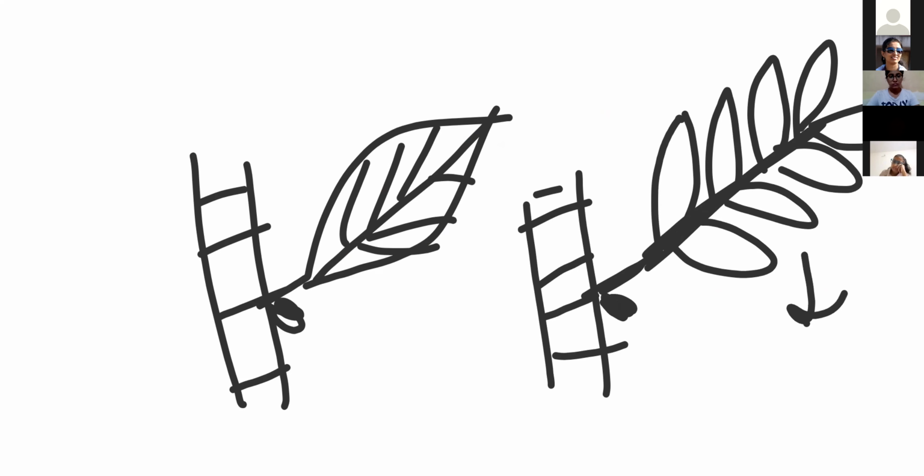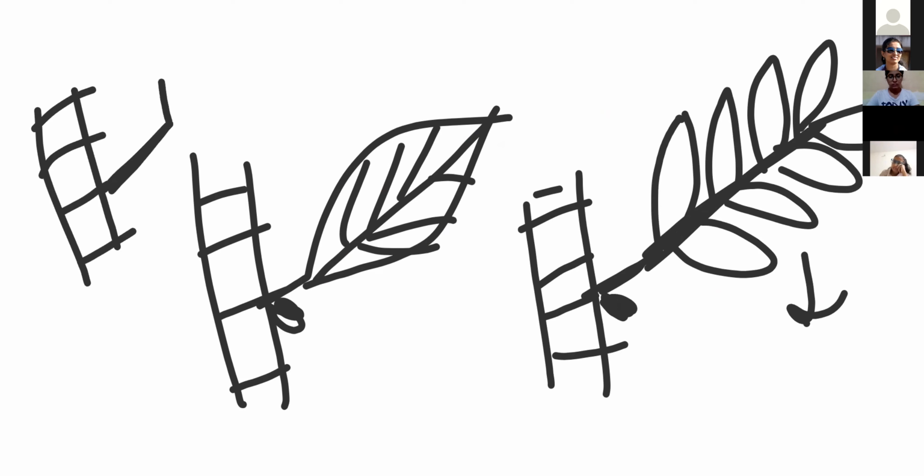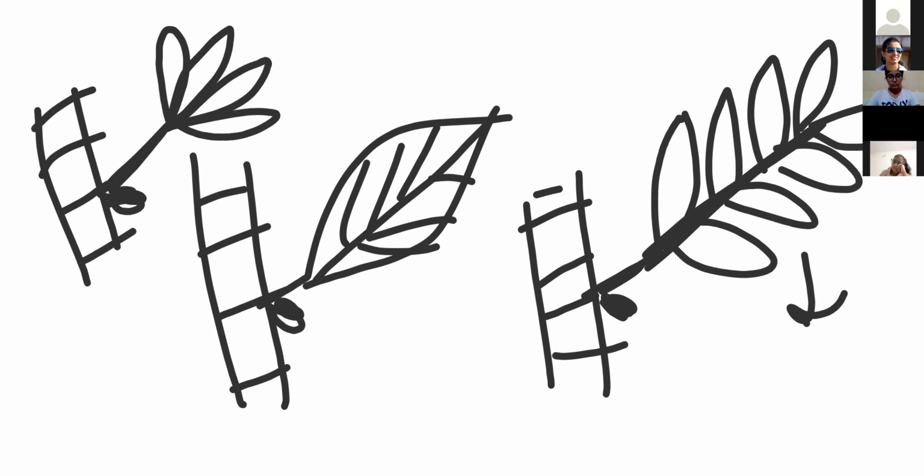This is the pinnately compound leaf. And if the leaf is like this, here is the axillary bud. This one is a palmately compound leaf.